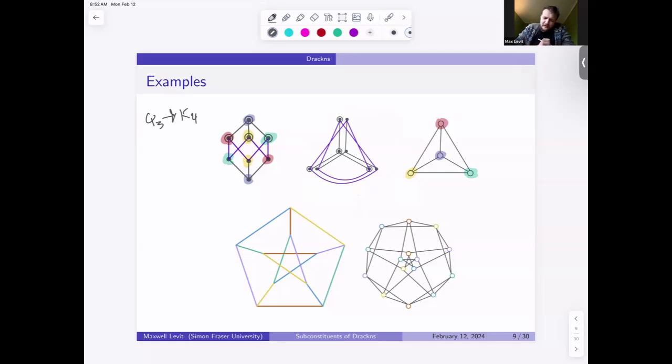Another example that we can think about is the line graph of the Petersen graph covering K5. So here's the Petersen graph. We saw it already before. Let's take its line graph, and what you can notice in the line graph, you can notice it in either picture, is that we have these independent sets corresponding to the colored edges, the coloring I've given.